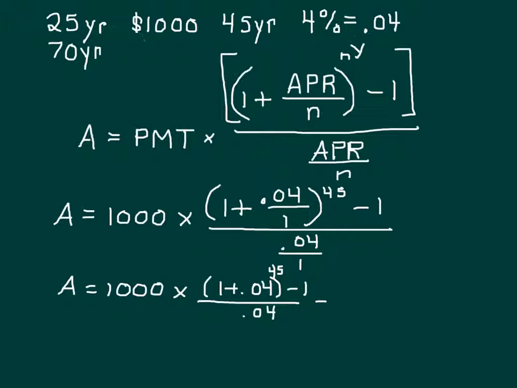And this is equal to 1,000 times, well, 1 plus 0.04 is 1.04, raised to the 45 minus 1, and this is over 0.04. And now we can just plug this into our calculator.